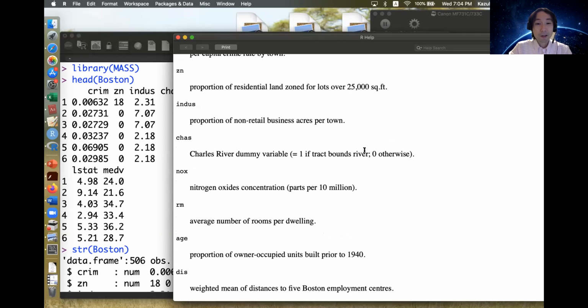In more crowded cities, maybe in Taiwan or China or some other places, maybe the distance to the train station is more important than the distance to the water. But okay, this is an important variable, at least in the US real estate market.